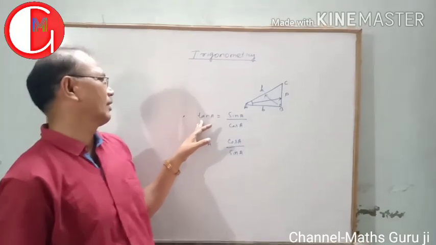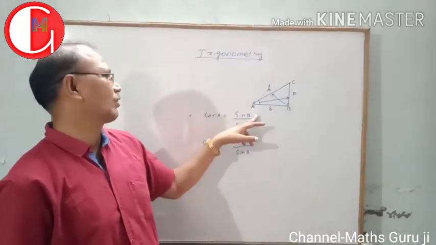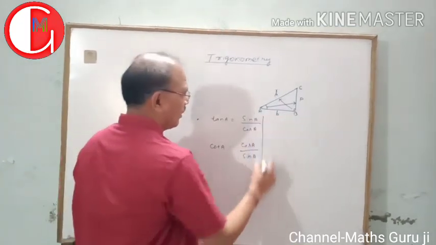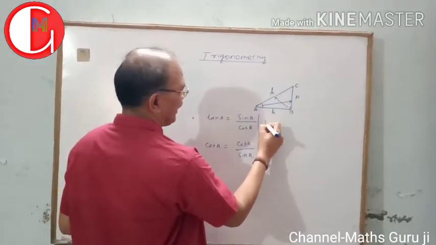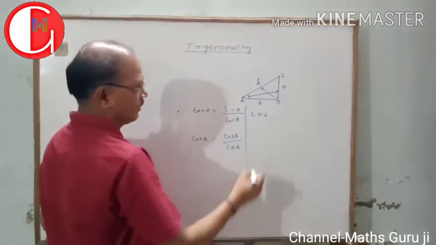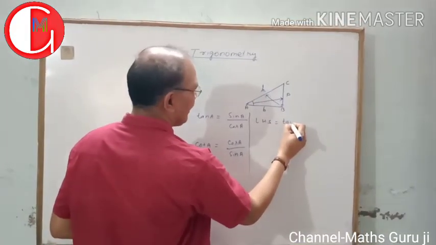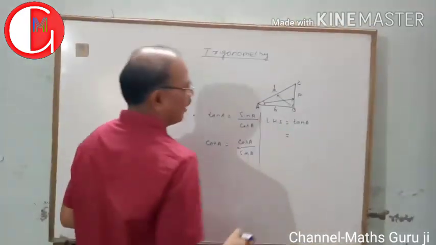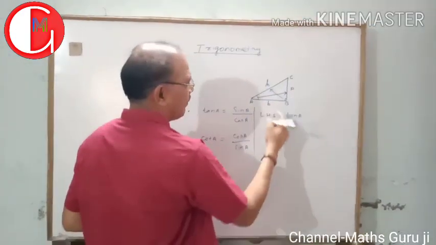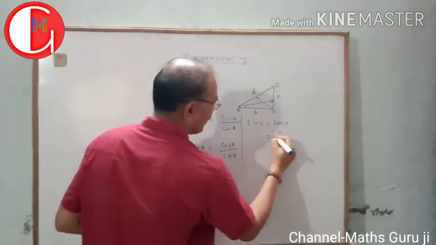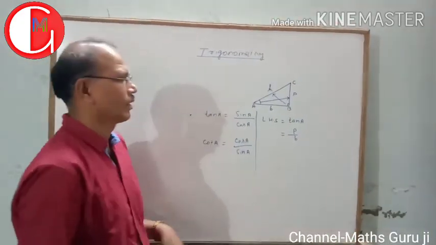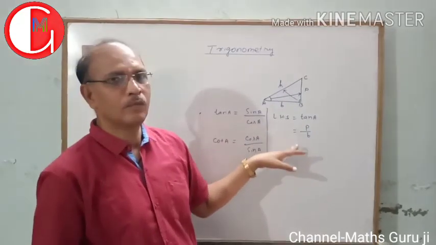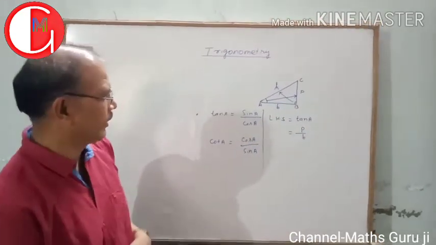Tan A is equal to sin A upon cos A. Suppose LHS, tan A, we know that P, perpendicular to the base, divided by H in both numerator and denominator.